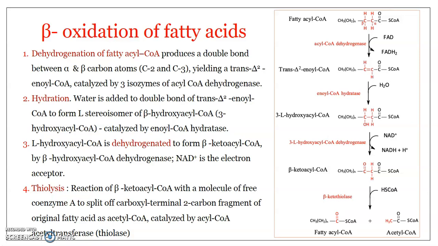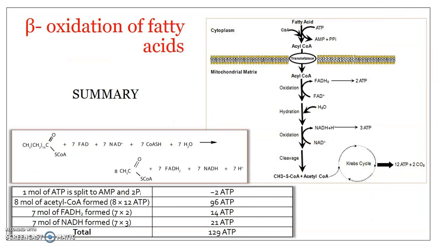I hope this is clear. Now we'll see it with an example. So this is the summary. A fatty acid undergoes activation to produce acyl coenzyme A, and with the help of the translocase enzyme and the carnitine shuttle, it enters the mitochondrial matrix, where the fatty acyl coenzyme A undergoes oxidation and hydration. The enoyl compound and then the hydroxy compound is produced.